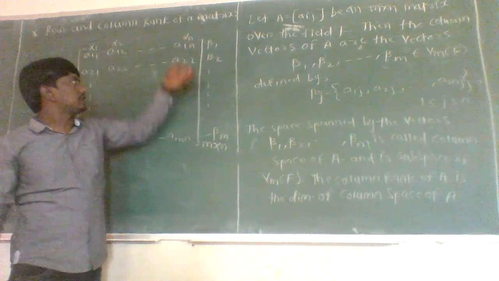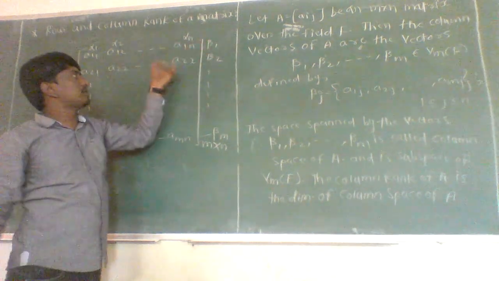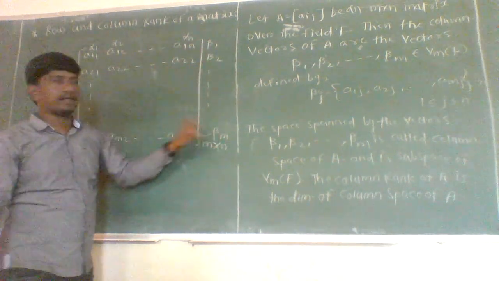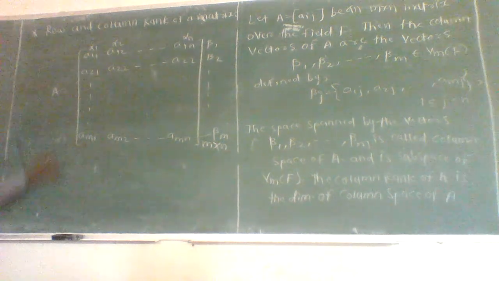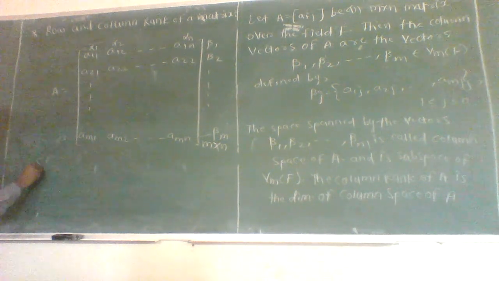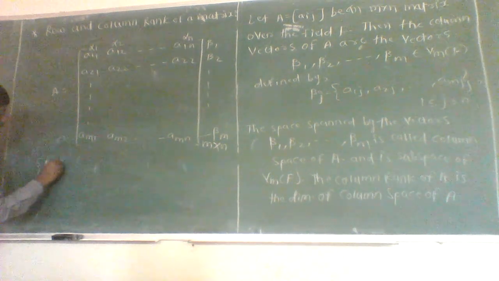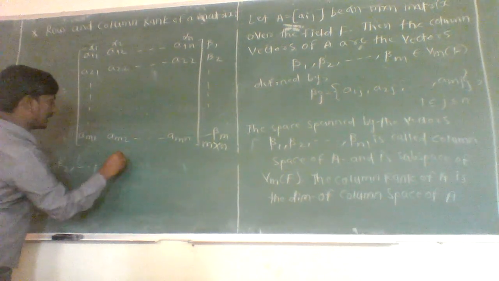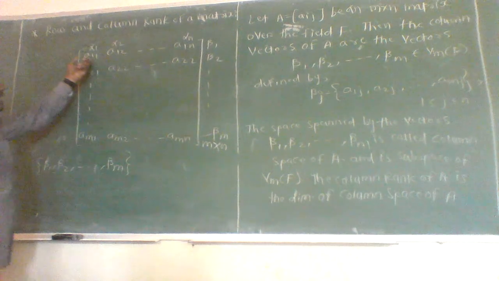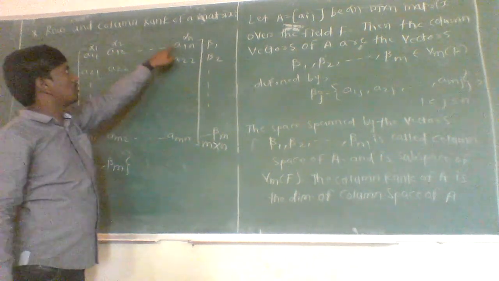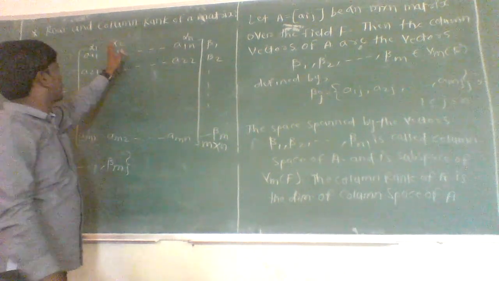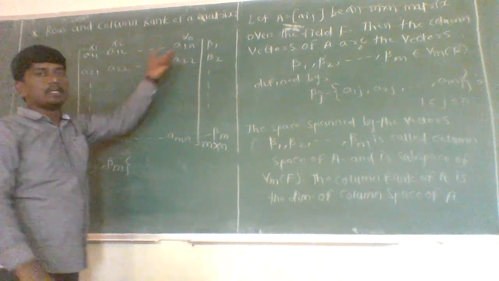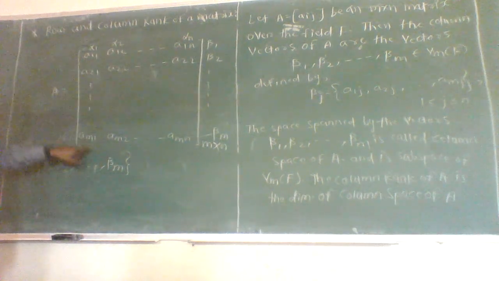Then the rows of matrix A are alpha 1, alpha 2, up to alpha m, and each alpha i is of the form (ai1, ai2, up to ain), for each i running from 1 to m.